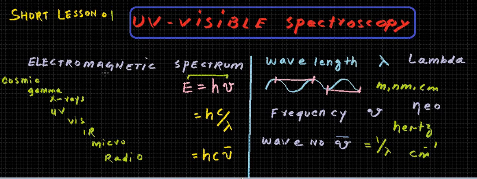And as far as the electromagnetic spectrum is concerned, we have cosmic, gamma, X-rays, ultraviolet rays, visible, infrared, micro, and radio waves. And if we consider the parameter of wavelength, wavelength is increasing in this way.